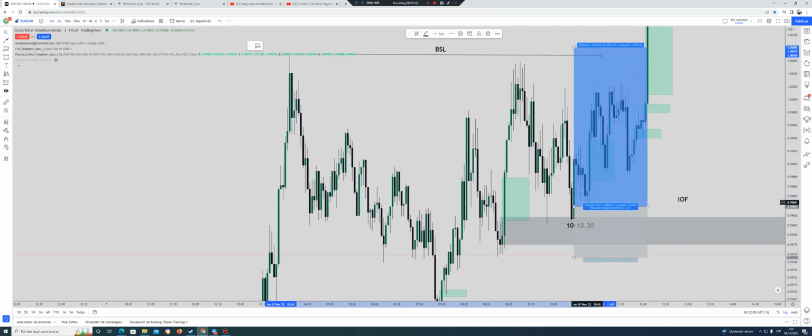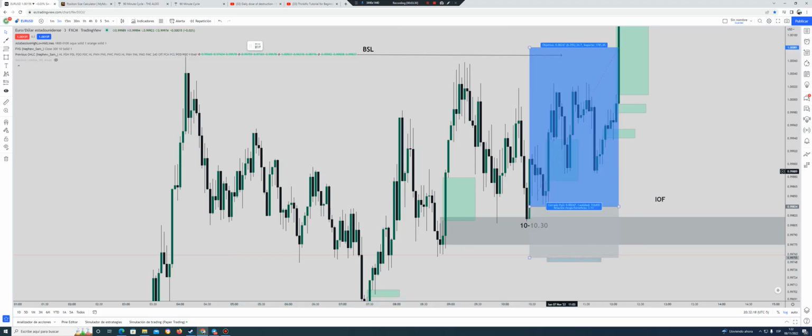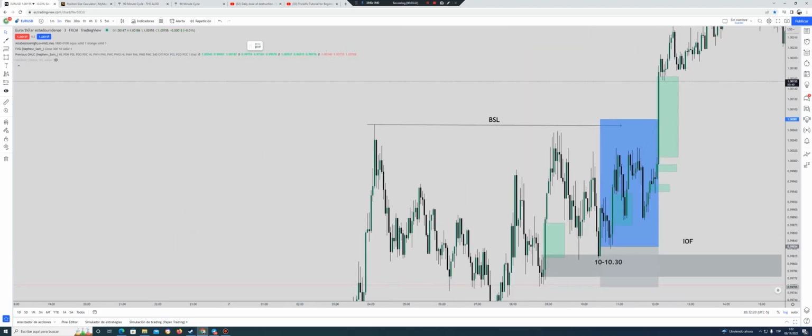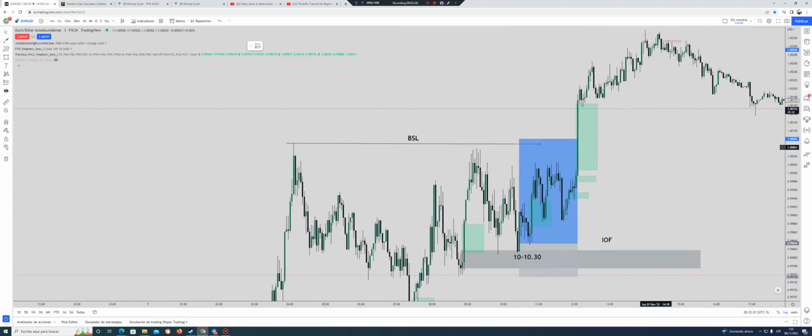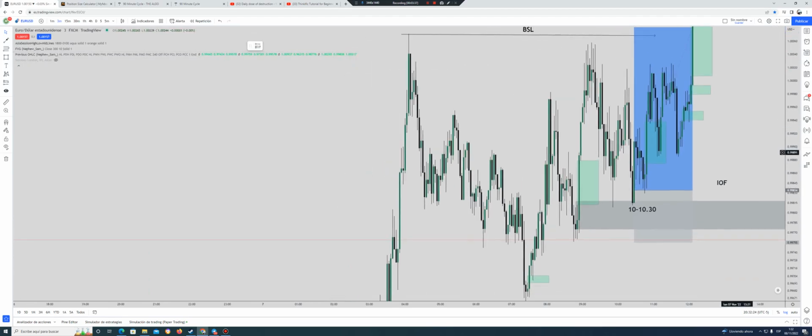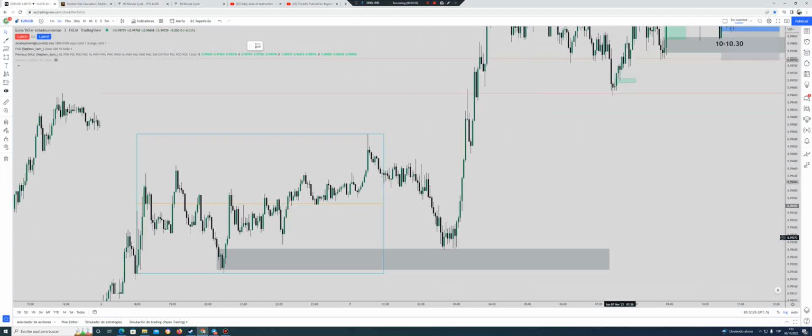Price came back at 10:30. There's the buy. Then price came back again to the fair value gap to mitigate what is here, and then there you go, the big buys.